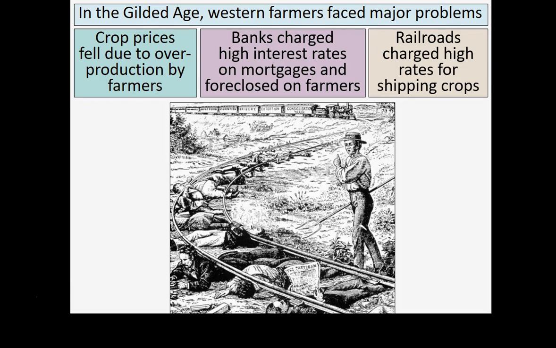And then railroads charge higher rates for shipping crops. At this point, railroads are used to ship crops all over the country. We're expanding. But the farmers are having to pay higher rates to send those crops to the other areas, and this is putting more stress on them financially.